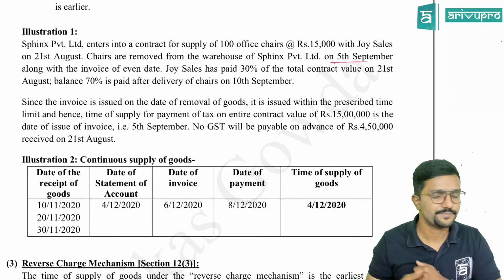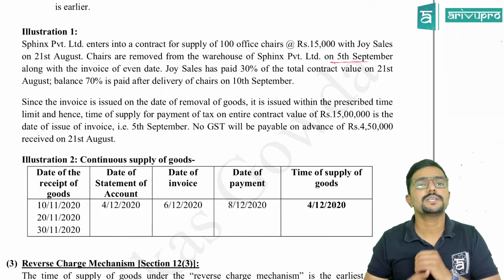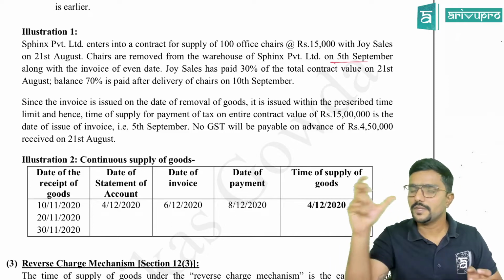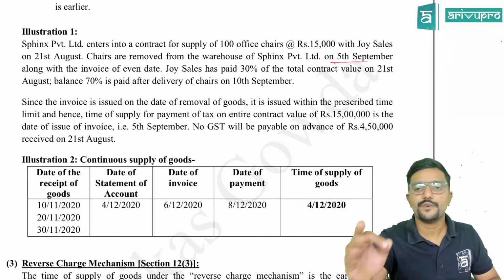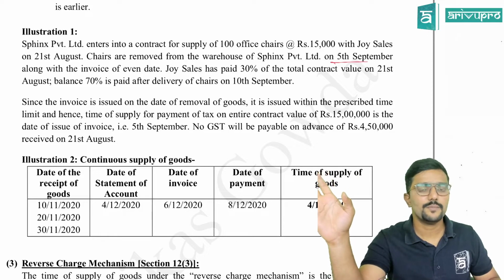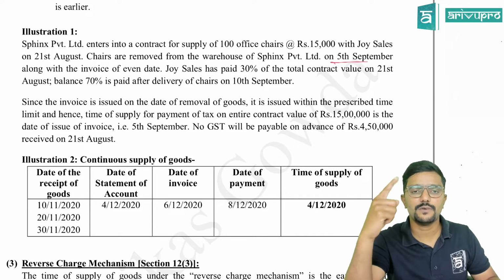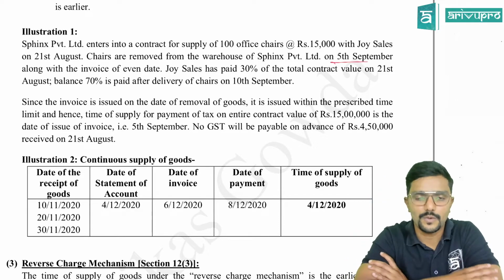So I repeat, with respect to goods chargeable under forward charge, if they have given the payment date, it is irrelevant for you, ignore it. To decide the time of supply, we want only 2 dates: the due date of invoice and the actual date of invoice.